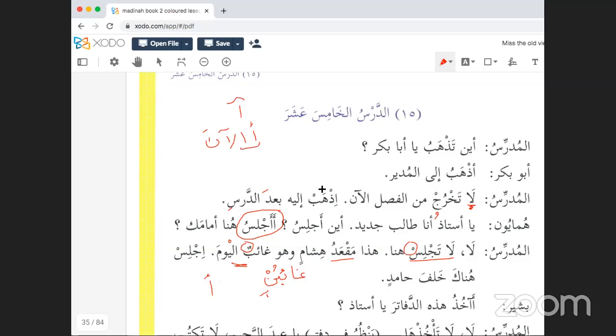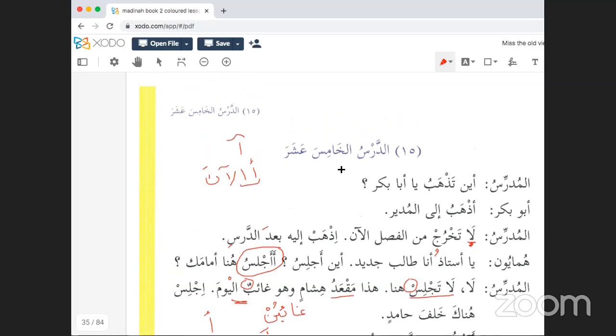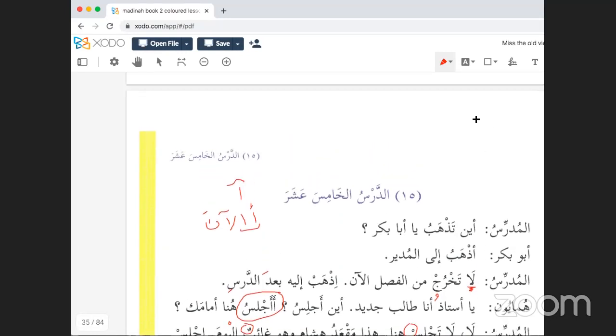And this is a good time to very quickly mention a side point of benefit. This is in the Quran, Surah Al-Ikhlas, where Allah says, قُلْ هُوَ اللَّهُ أَحَدٌ. If you stop there, you say قُلْ هُوَ اللَّهُ أَحَدٌ. Then اللَّهُ الصَّمَدُ.